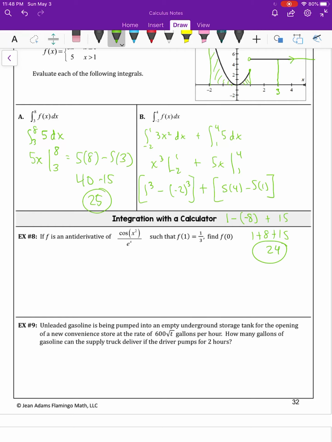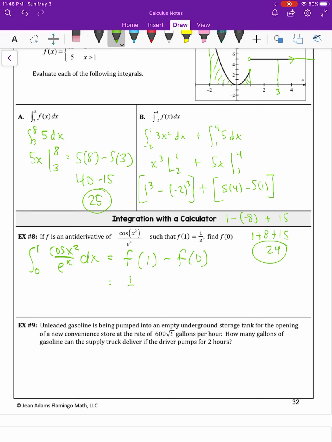And now integration with a calculator. This one: if f is an antiderivative of cosine x squared over e to the x, such that f of 1 is 1/3, find f of 0. So we're going to look at this as the integral from 0 to 1 of cosine x squared e to the x dx.